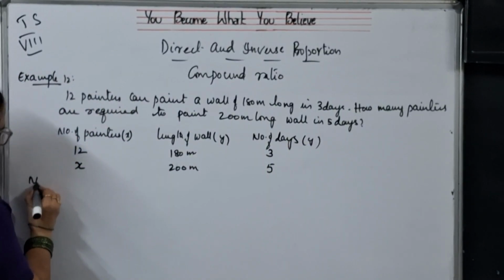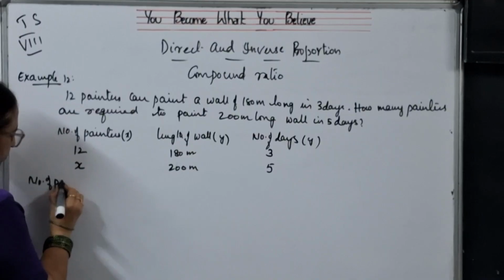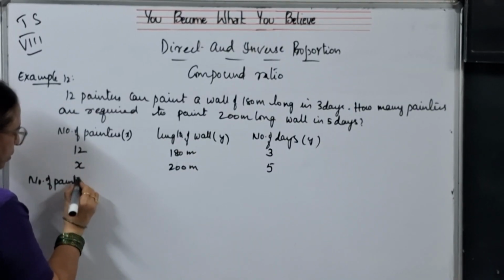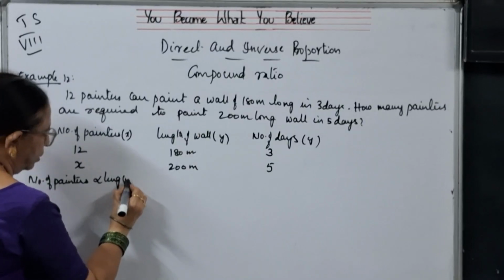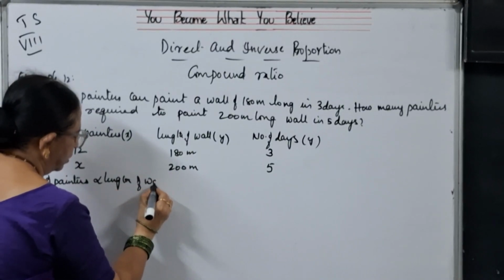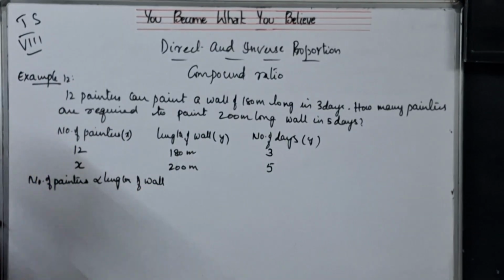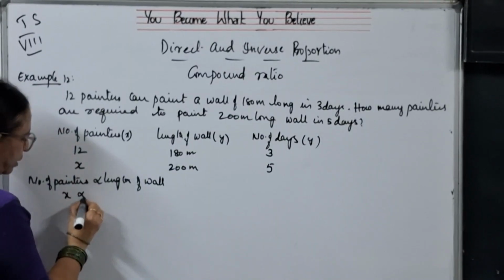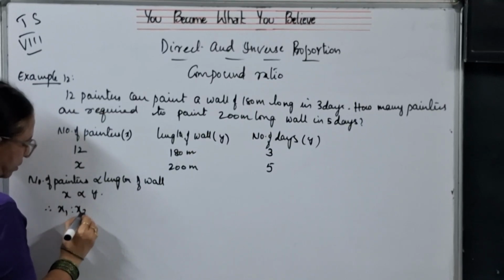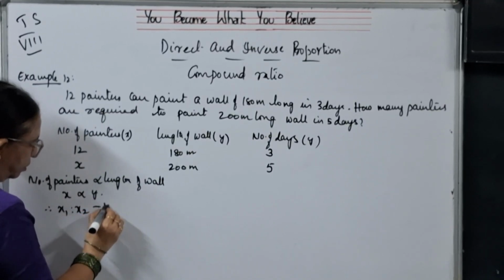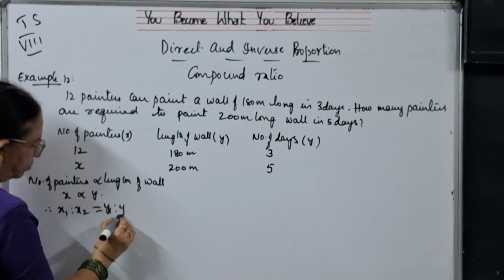So number of painters will be directly proportional to length of wall. If more painters are there, they can cover a long distance. So X is directly proportional to Y. Therefore, X1 is to X2 is equal to Y1 is to Y2.